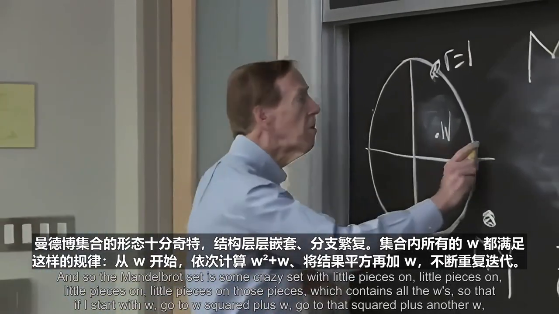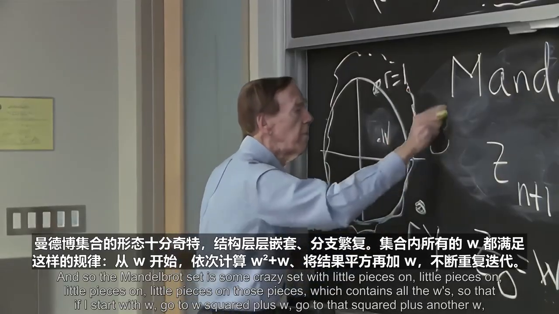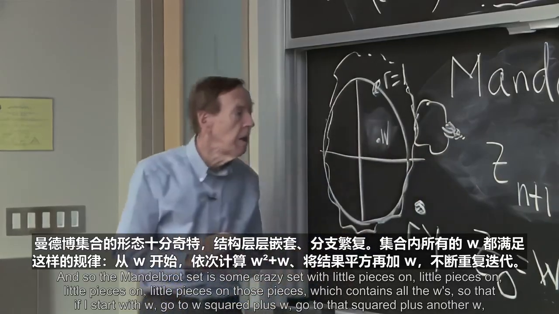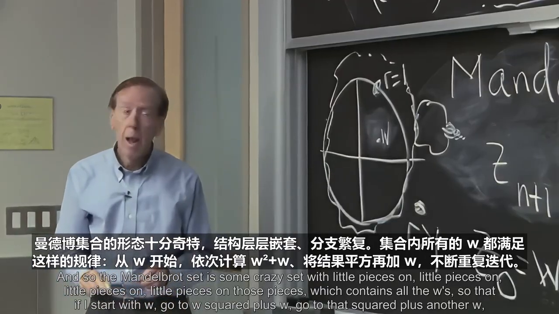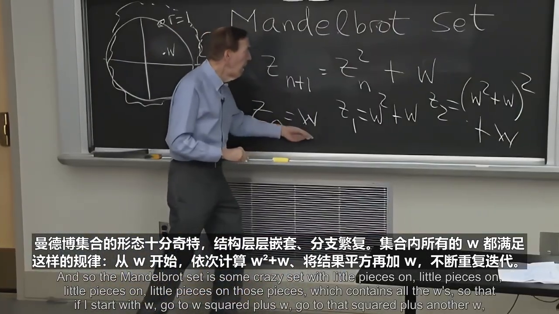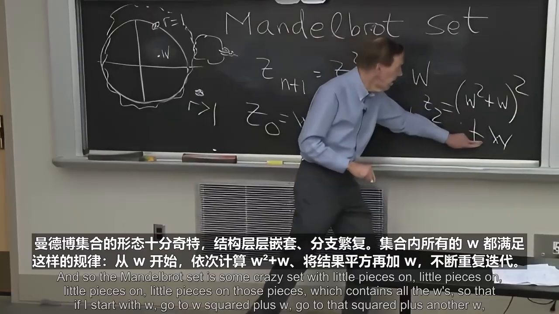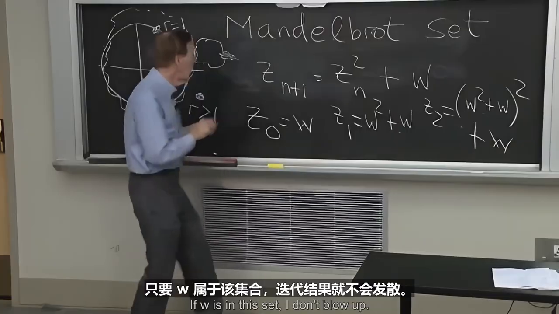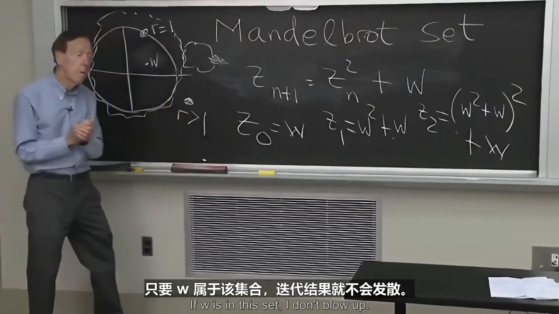And so the Mandelbrot set is some crazy set with little pieces on little pieces on little pieces, which contains all the w's, so that if I start with w, go to w squared plus w, go to that squared plus another w, and keep going, if w is in this set, I don't blow up.